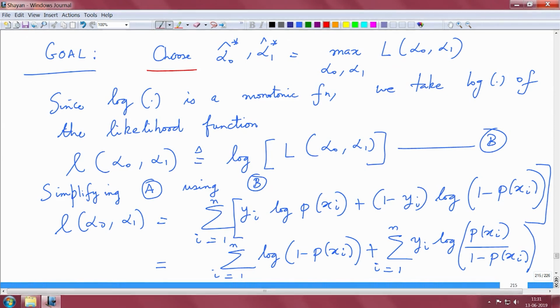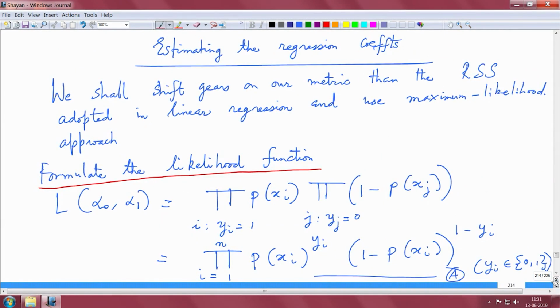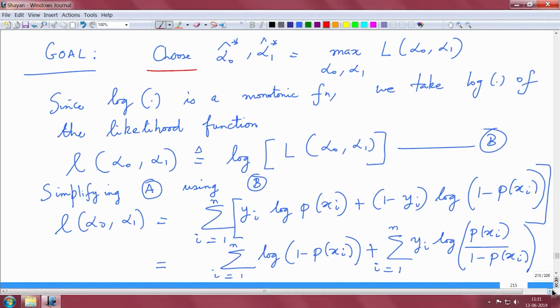Now, if you look into the likelihood function itself, it looks rather messy because we have a product of all these terms, and directly it is difficult for us to optimize this quantity. We use a familiar trick. We take logarithms.